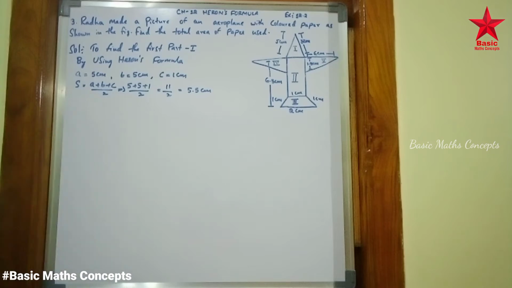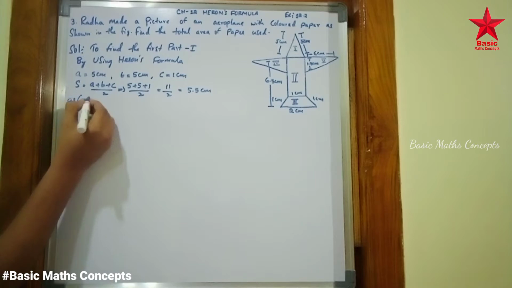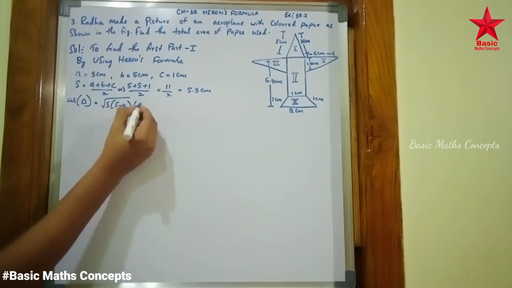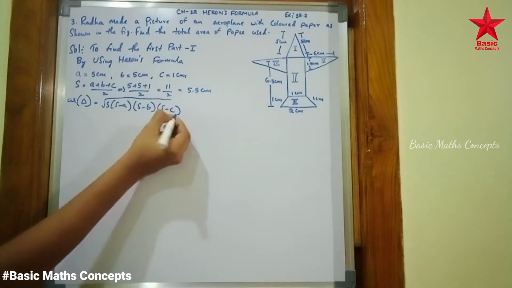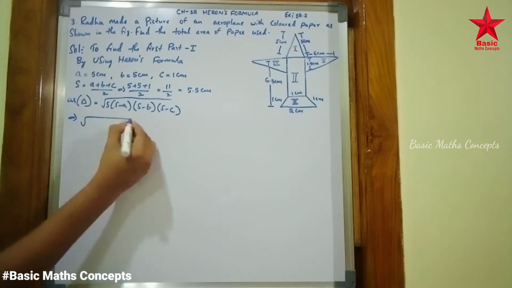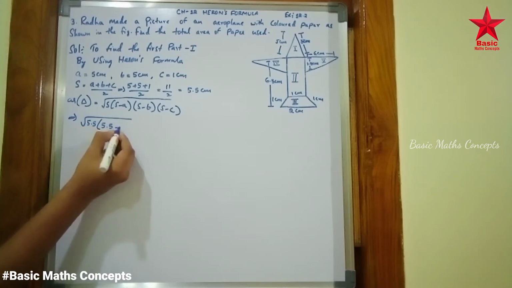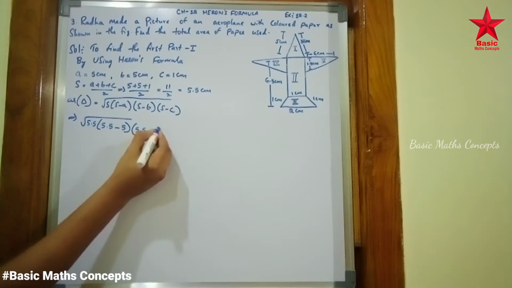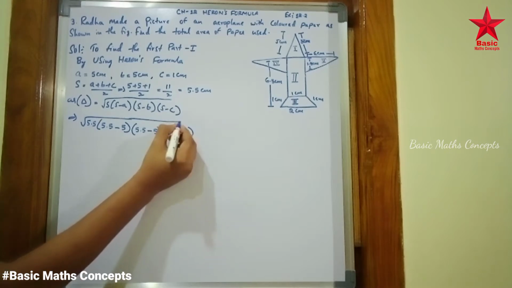Next, the area of the triangle is equal to root of S times (S minus A) times (S minus B) times (S minus C). Now substitute the S value and the A, B, C values. This implies root of 5.5 times (5.5 minus 5) times (5.5 minus 5) times (5.5 minus 1).